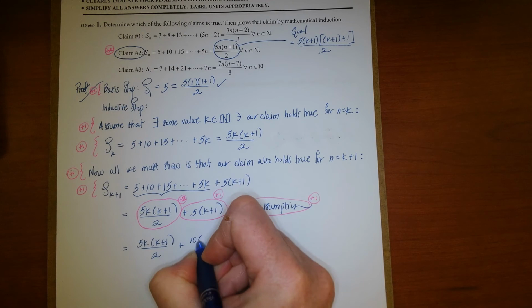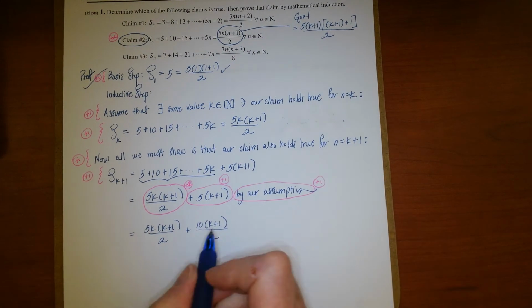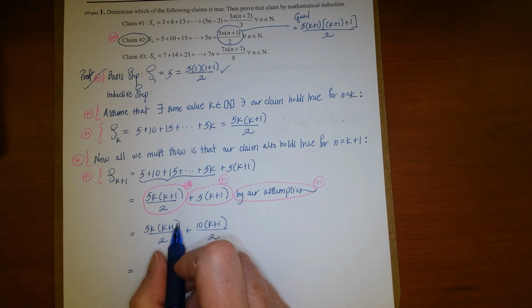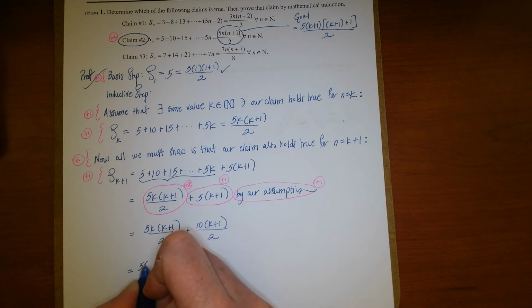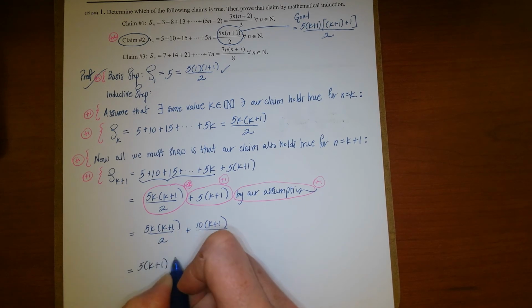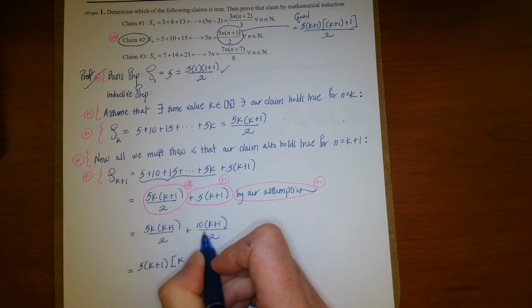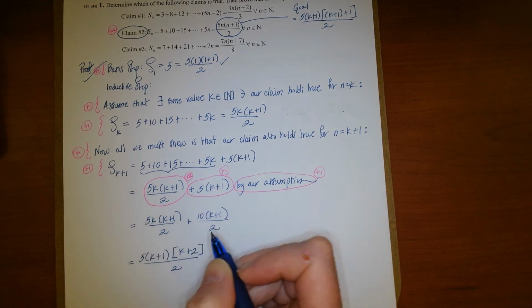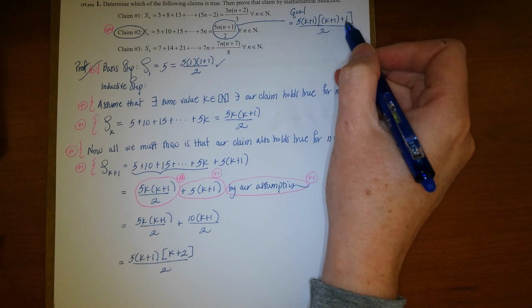Typically people get a common denominator next, then combine by adding the fractions together and factor the greatest common factor out of the top. 5 and k plus 1 would be the greatest common factor, and then you multiply it by k to get the first piece, and then plus 2 to get the second piece. And then from there, I just need to rewrite k plus 2 as k plus 1 plus 1.